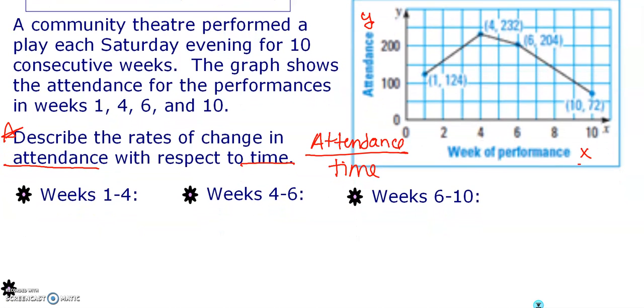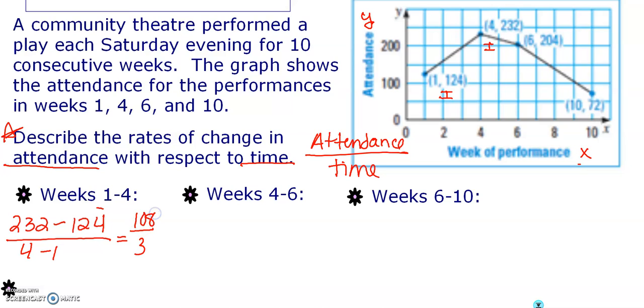So we'll go ahead and take a look at weeks 1 and 4. So here's week 1, that's ordered pair 1, and up here is week 4. So I'm going to do 232 minus 124 over 4 minus 1. 232 minus 124 is 108.